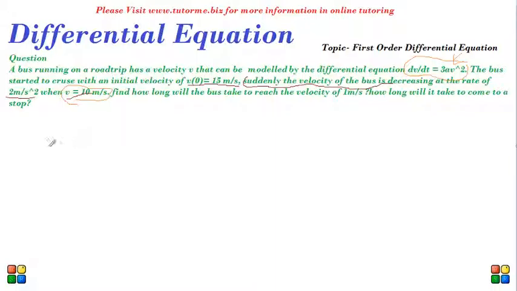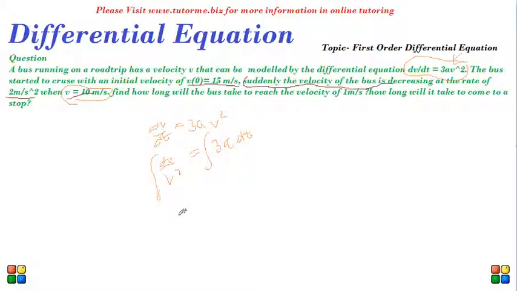Okay, so let's start with the modeled equation, the differential equation of the bus. We have dv over dt given by 3av squared. I'm going to bring that v squared to the bottom to put those similar quantities together so I can integrate with respect to v, and similarly dt goes on the other side, and I integrate with respect to t.